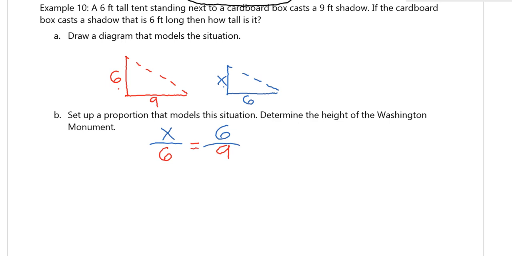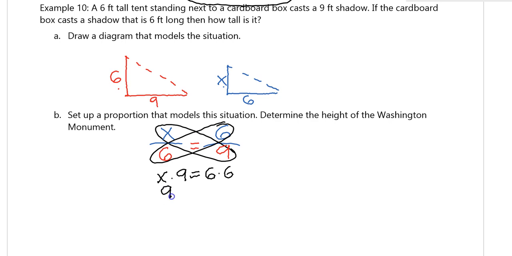Once I have that set up, all I am doing is my cross multiplication. X times 9 equals 6 times 6. 9x equals 6 times 6 is 36. I'm going to divide both sides by 9. X equals 4, and my unit is feet.